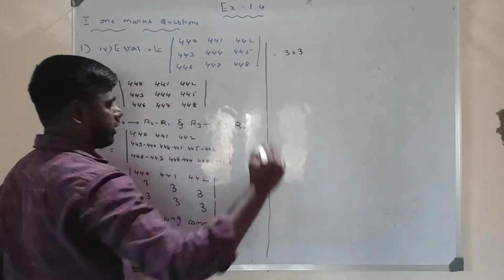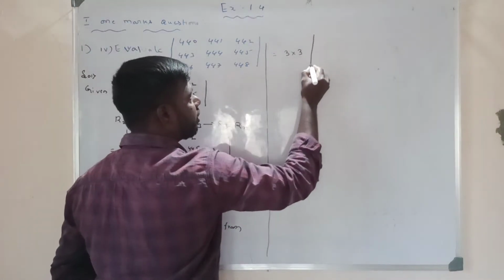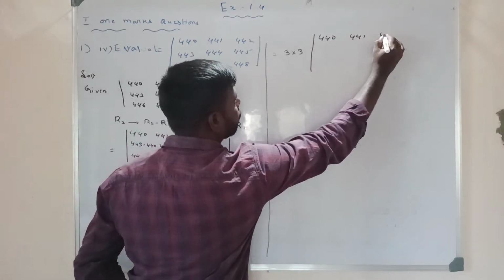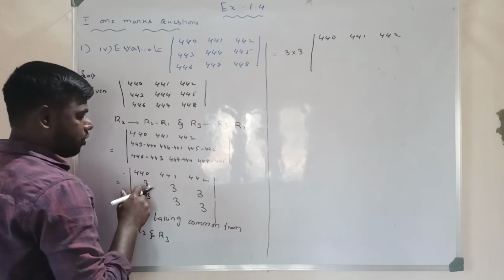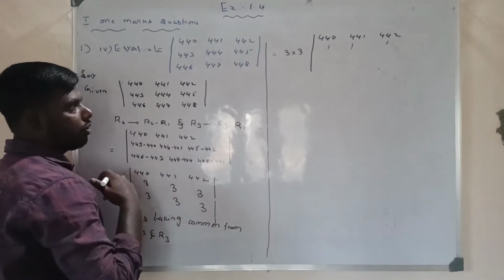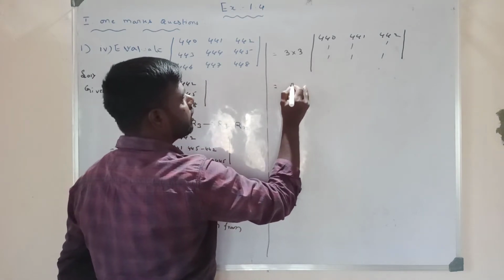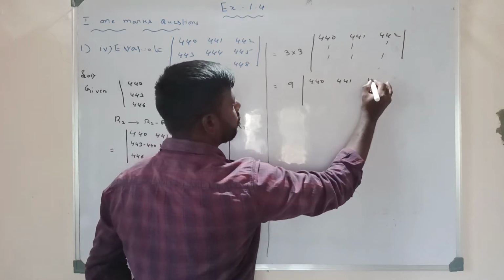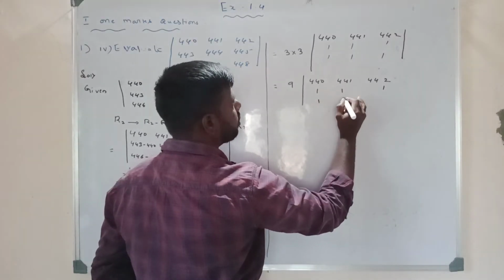Taking 3 common from the second row, the remaining elements are 1, 1, 1. Taking 3 common from the third row, the remaining elements are also 1, 1, 1. The first row stays 440, 441, 442. So 3 times 3 is 9, times the determinant with rows 440, 441, 442, then 1, 1, 1, then 1, 1, 1.